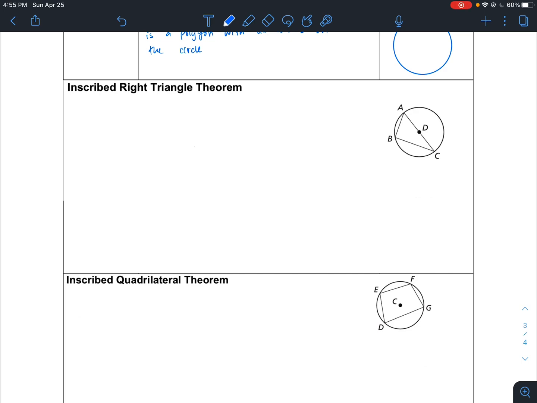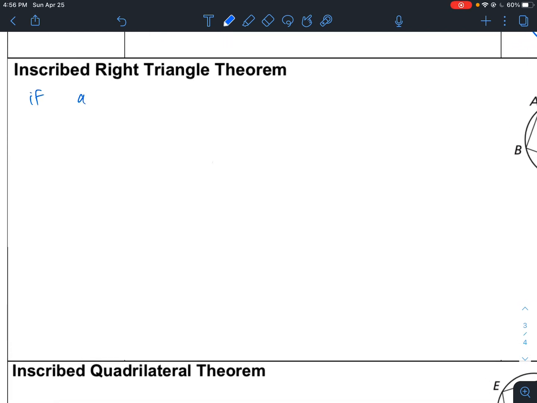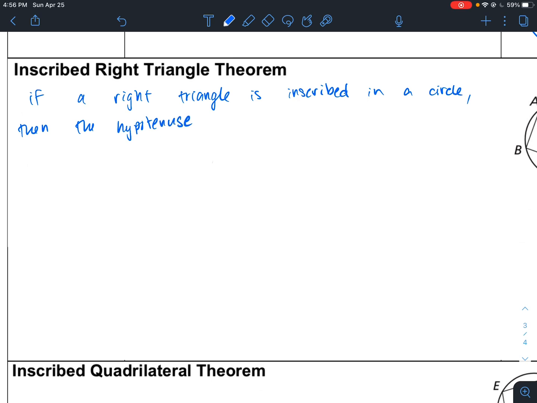This one says that if a right triangle is inscribed in a circle, then the hypotenuse is a diameter of the circle.